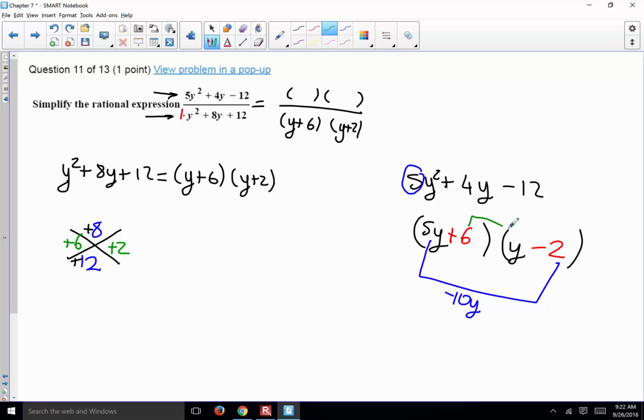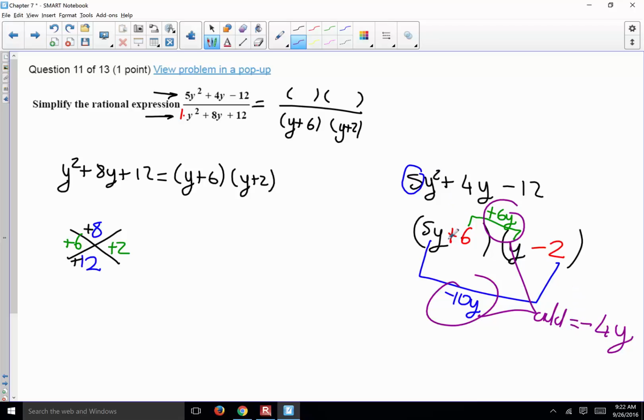You multiply the inside numbers, which is positive 6y, and add these up. But when I add, what is 6y and minus 10y? Nope. Sorry, you didn't get it. It's negative 4y you got. I'm asking for positive 4y, but you're very close.